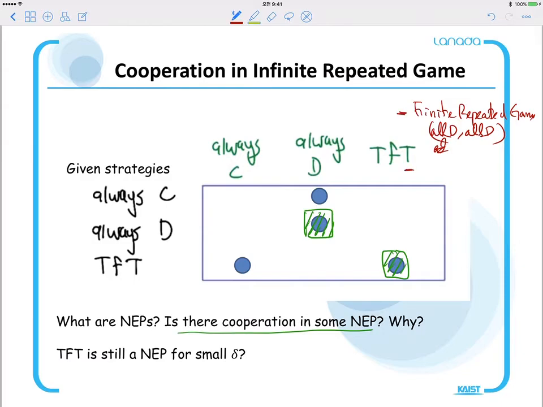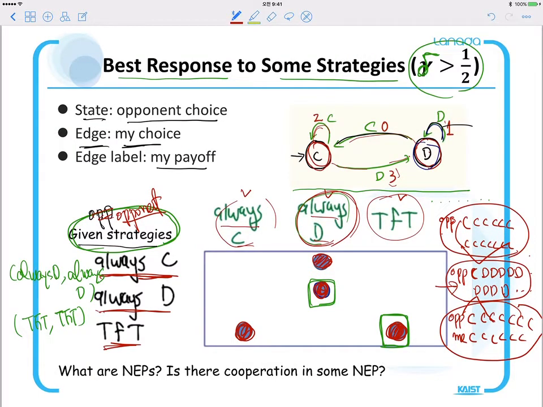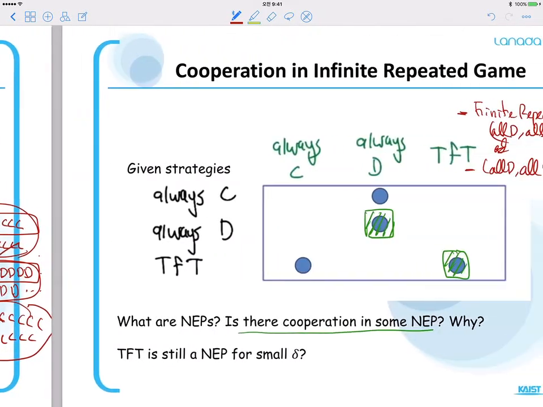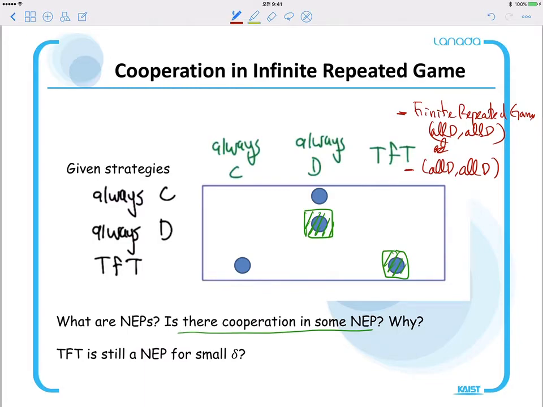But here in the infinite repeated game, always D and always D are Nash equilibria. I didn't talk about the subgame perfect Nash equilibrium yet, because in order to discuss that we need to consider all the subgames. But I'm not saying we are not looking at all the subgames. We're just looking at the entire game, like a whole subgame tree. So it's too early to talk about subgame perfect Nash equilibrium.